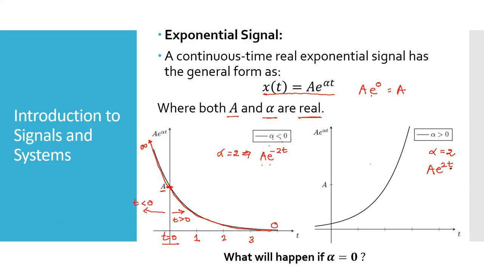Now here in t, if you substitute the value greater than 0, then this will grow and it will approach infinity. Not this, but this will be a. And as you go towards negative, then it will approach 0.